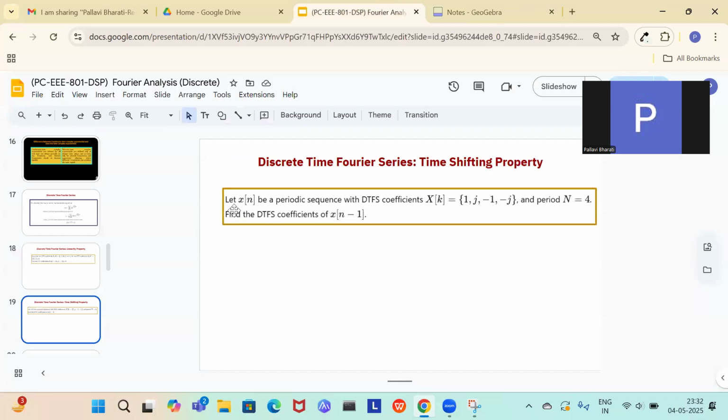So you have let x[n] be a periodic sequence with DTFS coefficients X[k] given as 1, j, -1, -j. So 1 is at capital X0, j is at capital X1, -1 at capital X2, and at capital X3 it is -j.